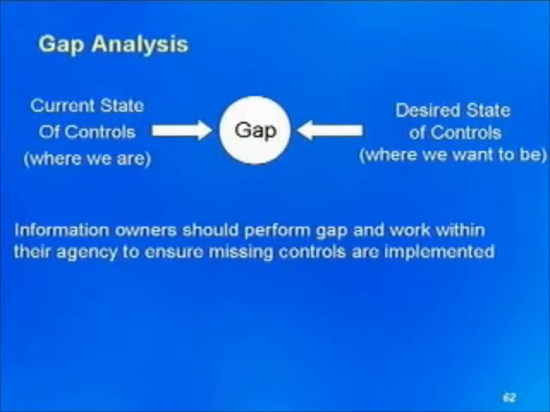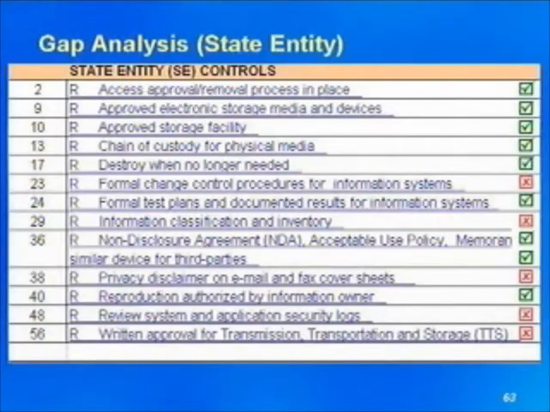So you've done your inventory now, right? You've done your classification. You've figured out the controls that you need. What do you do next? Gap analysis, figuring out what controls you already have and what controls you need to implement. That's the next step in the process, right?